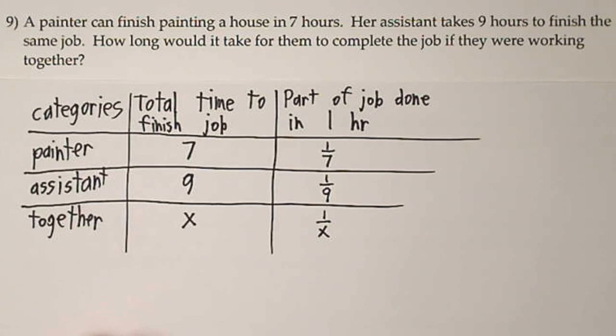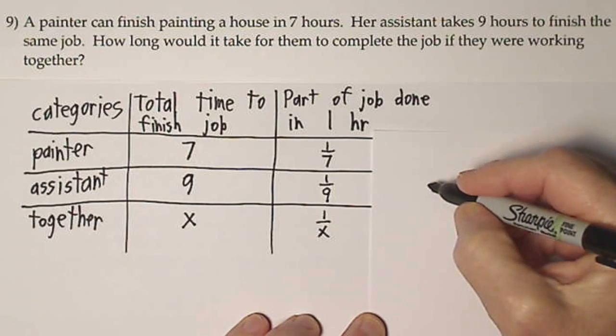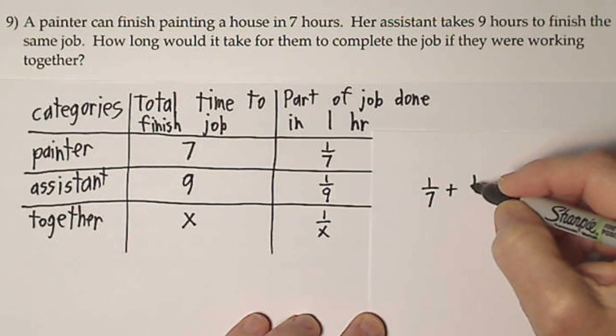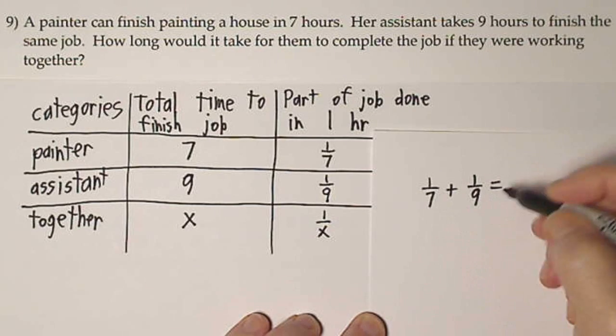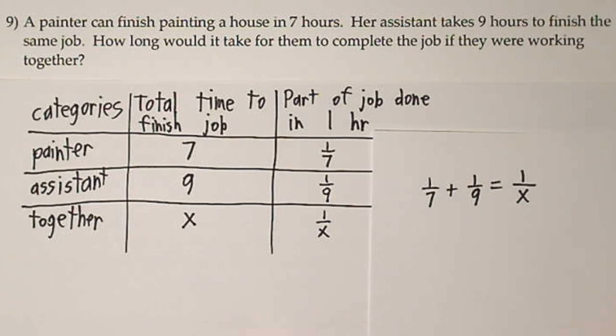So where to put these? I think I'll just go to the side here. So if I have 1/7 of the job plus 1/9 of the job completed in 1 hour, that's going to be a total of 1 over x of the job completed in 1 hour.